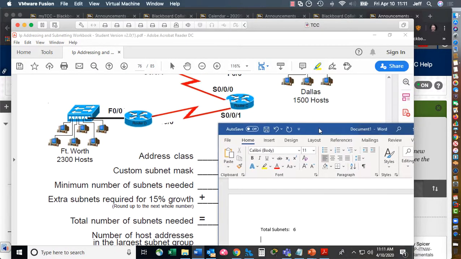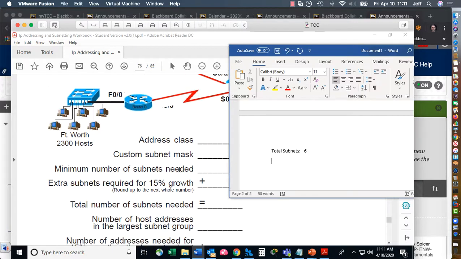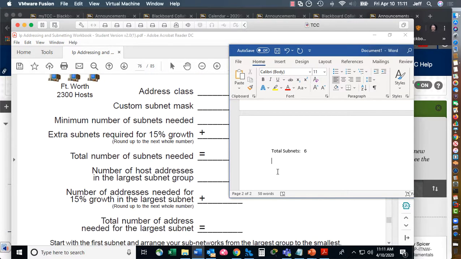The largest host is Fort Worth with 2,300 hosts needed. So hosts needed is 2,300, and then growth is 15%.